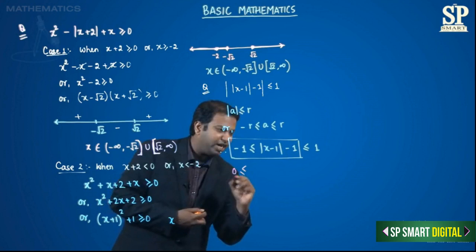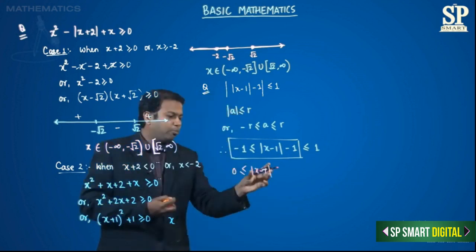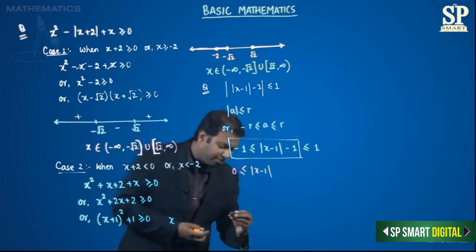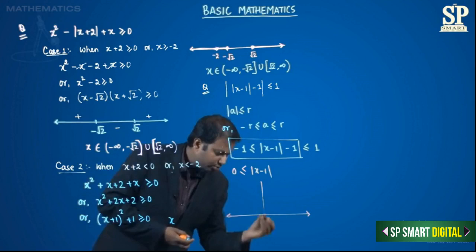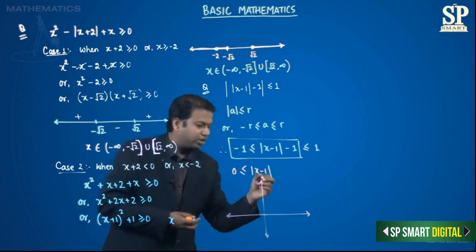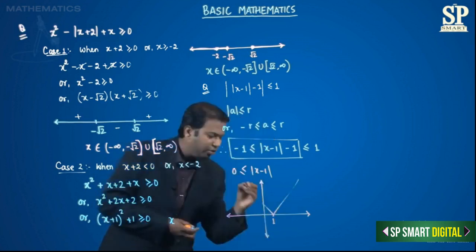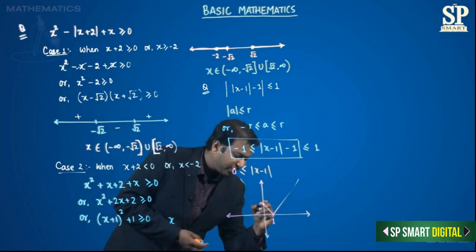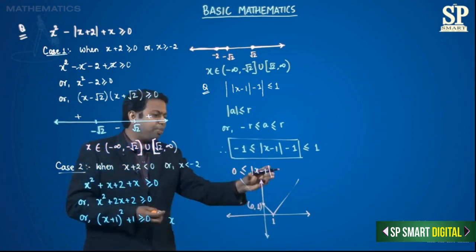So we have 0 is less than or equal to modulus x minus 1, and since modulus of x minus 1 is greater than or equal to 0, let us try to analyze this using the graph. So the modulus of x minus 1 will have a critical point at 1, and the graph would look like a V. Here is the point 1, 0.